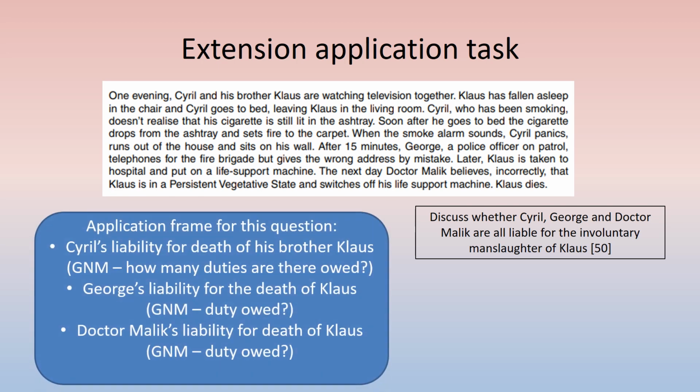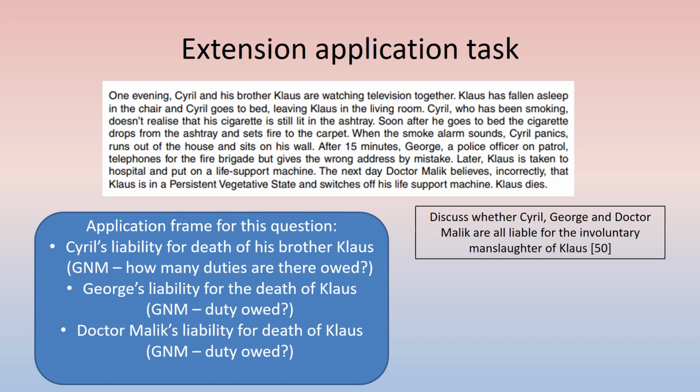So the frame I would use for this question, I would first deal with Cyril's liability for the death of his brother, and this would be gross negligence manslaughter. Then George's liability for the death of Klaus, again gross negligence manslaughter. Then Dr. Malik's liability for the death of Klaus, gross negligence manslaughter again.